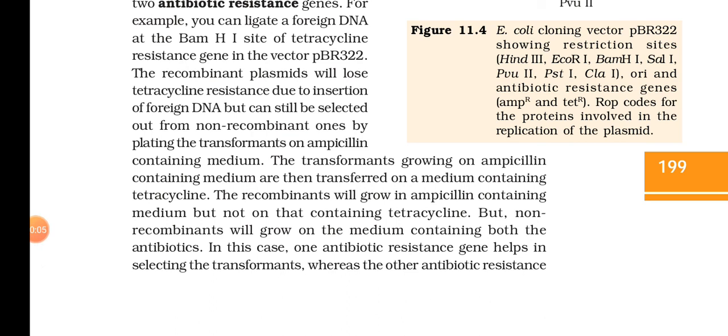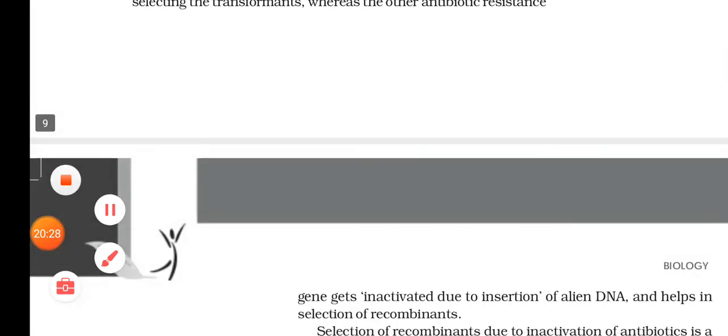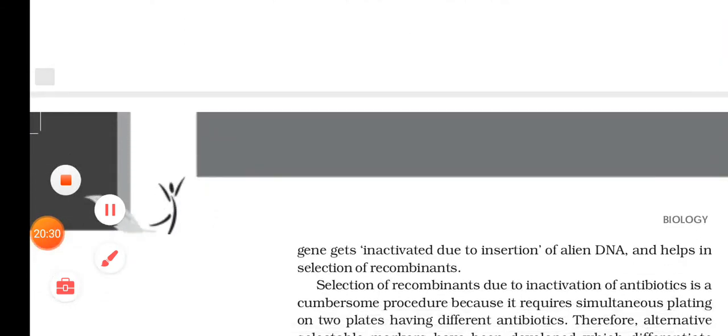So they retain their resistance to the antibiotics. Is it clear? Non-recombinants can grow on the medium containing both the antibiotics because no integration of gene took place there. Understood? Like this, you can see that one antibiotic resistance gene helps in selecting the transformants, whereas the other antibiotic resistance gene gets inactivated due to the insertion of alien DNA.